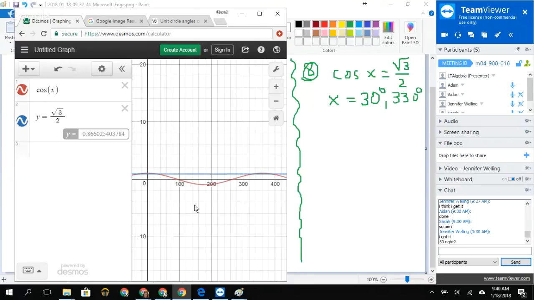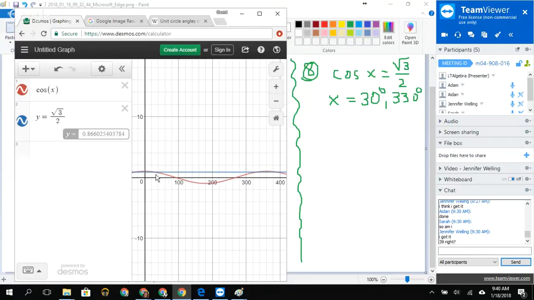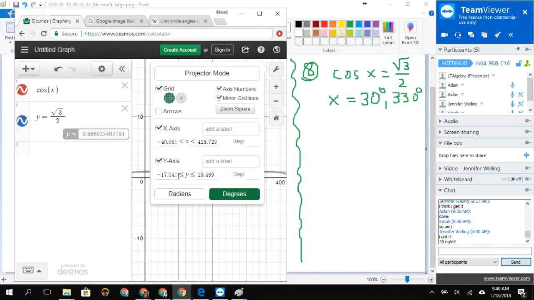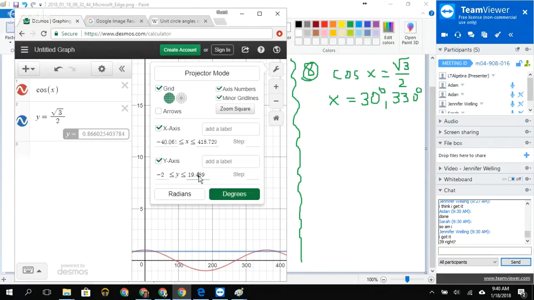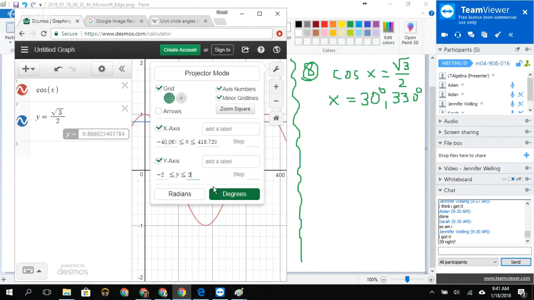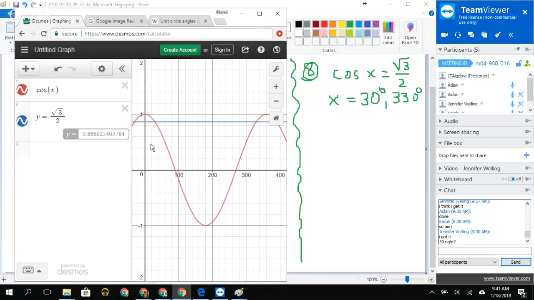Zoom out a little bit there. Okay, so let's maybe make this from -2 to 2 so we can see a little better. There we go. That looks more like a cosine curve, right?